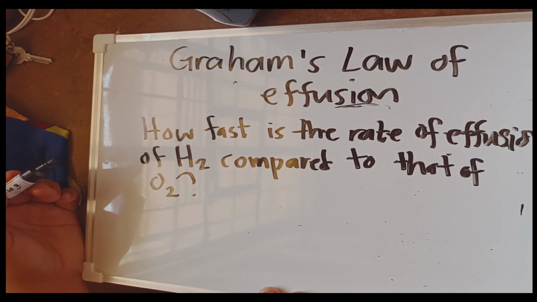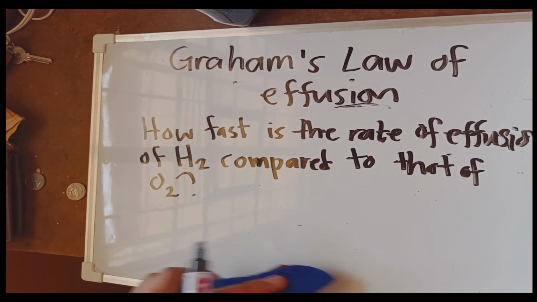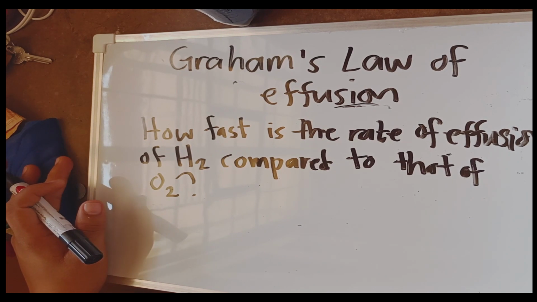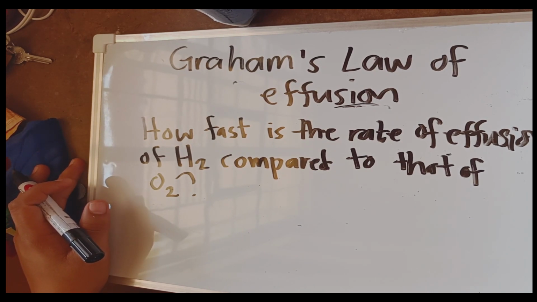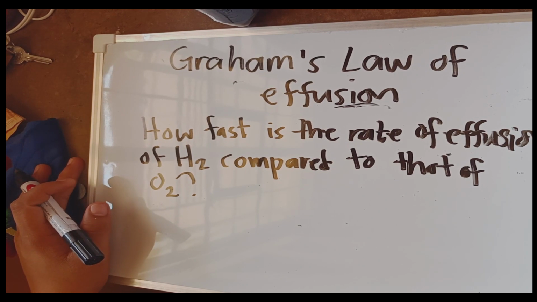With a given gram, yes, earlier I told you density, right? It's the same thing with molar mass. Since molar mass is expressed in grams, you can use density or you can use molar mass. I've stated that the rate of effusion could depend on its density or on its molar mass. So here I'll be talking about the mass.